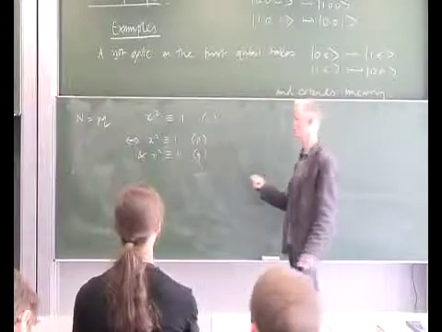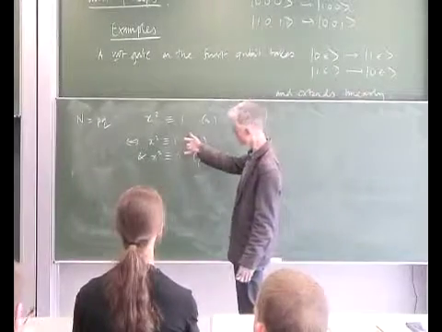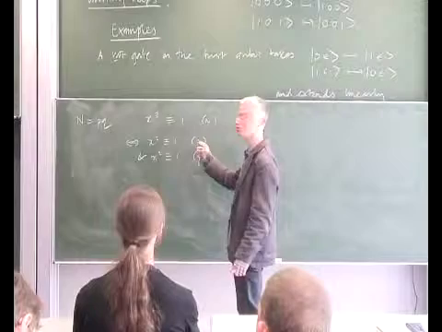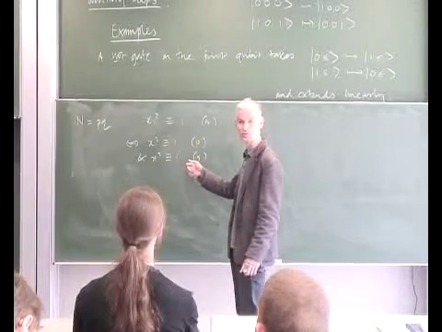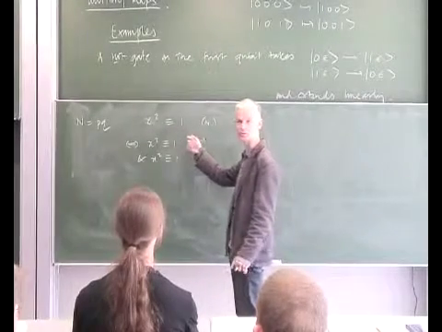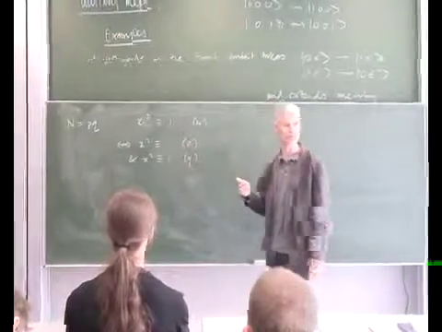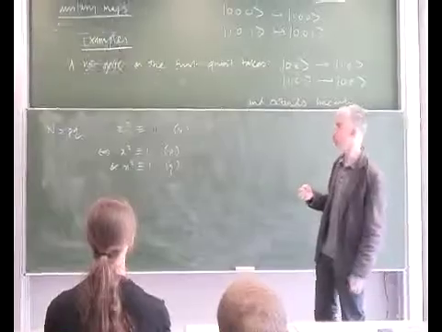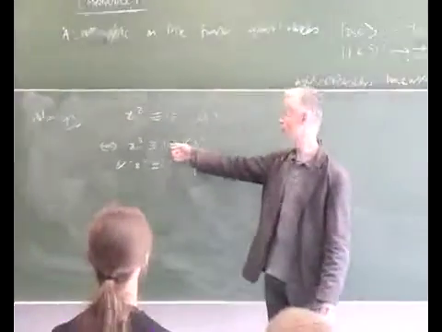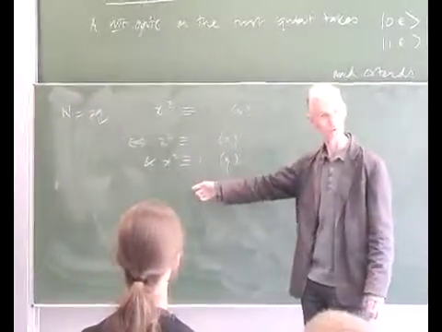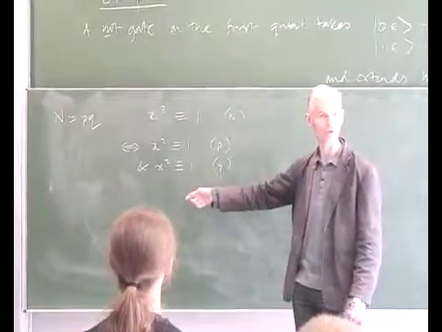You can have x being 1. So the trivial ones would be when x is 1 mod p and 1 mod q, and when x is minus 1 mod p and minus 1 mod q. Those would be the two trivial square roots of 1 mod n. But the two non-trivial ones would be when x is minus 1 mod p and 1 mod q, or 1 mod p and minus 1 mod q.